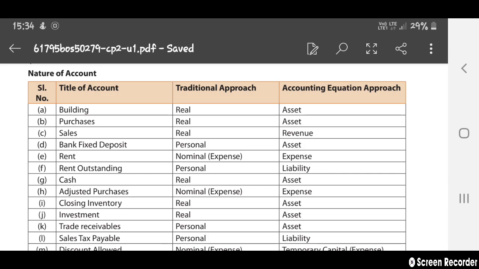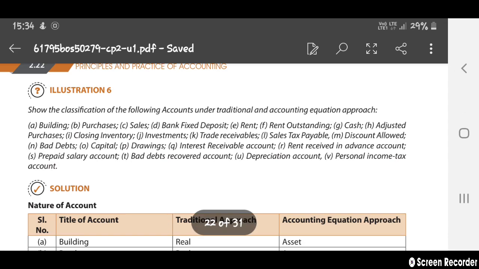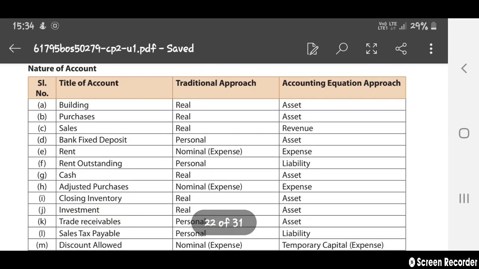You have to classify on which it comes. Purchases, it is real only. Real. In the accounting equation approach it comes to assets. And sales, it is also real, but in the accounting equation approach it comes to revenue.